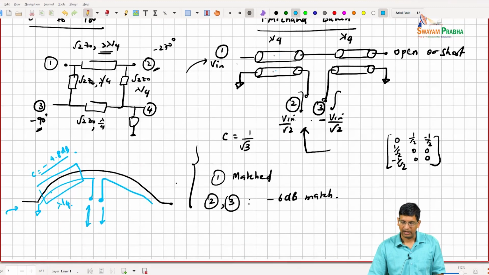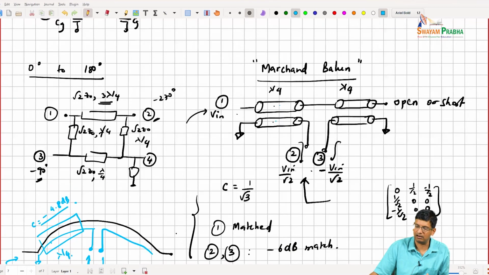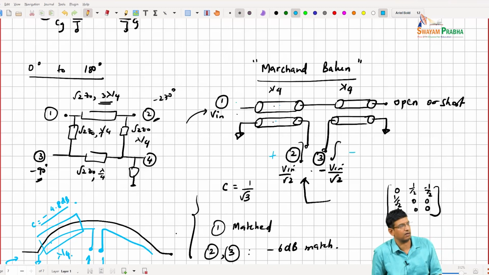So at this point, we have integrated passive circuits which are able to generate quadrature, which are able to power divide, and which are able to do 0 180 degree difference. This, by the way, works as a reciprocal circuit as well, right? So if you provide plus and minus signal here, they are going to get combined into this particular port as well, right? It's reciprocal.